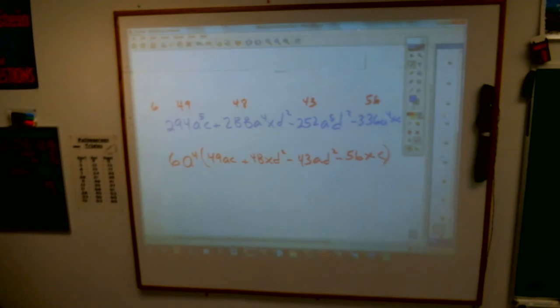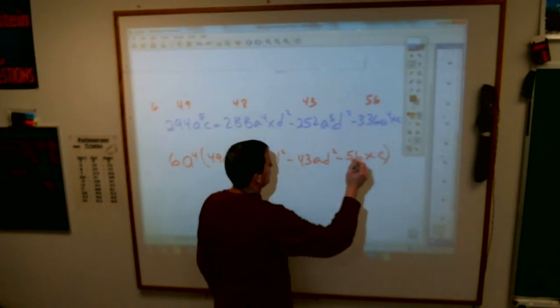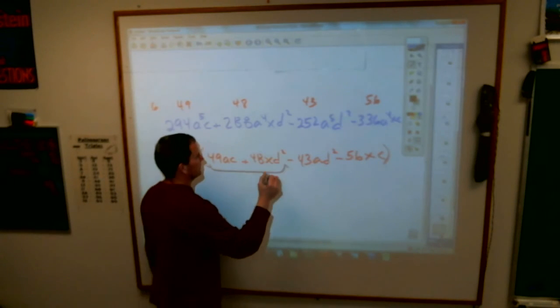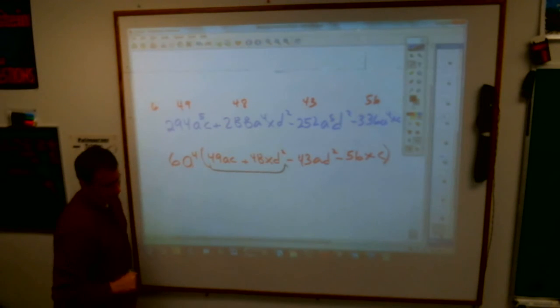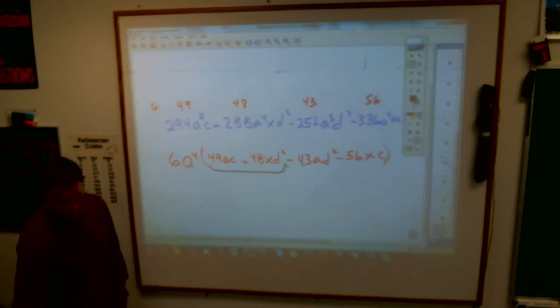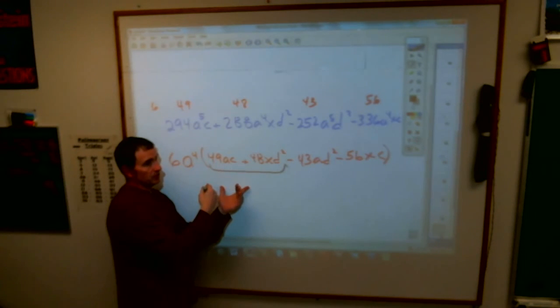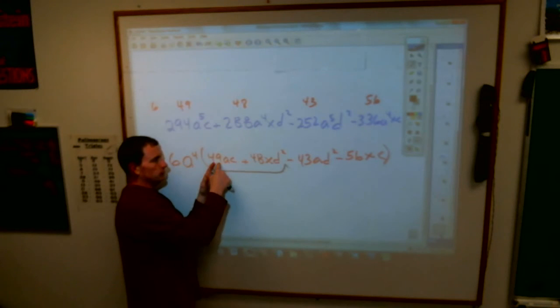Now, for those of you that just came in, if I attempt to do this whole grouping factoring thing and I look at this, there are no common factors there. But because of the commutative property of addition, you are allowed to rearrange these terms. AC, is there any other term that has an A or a C in it?